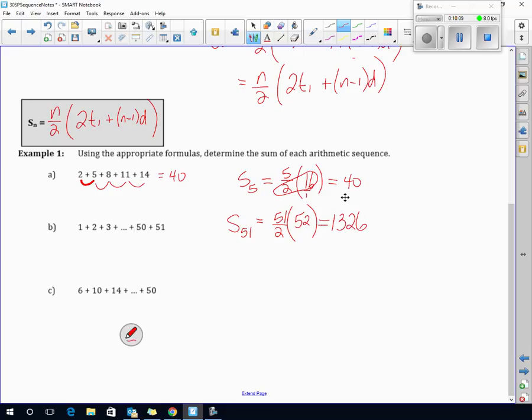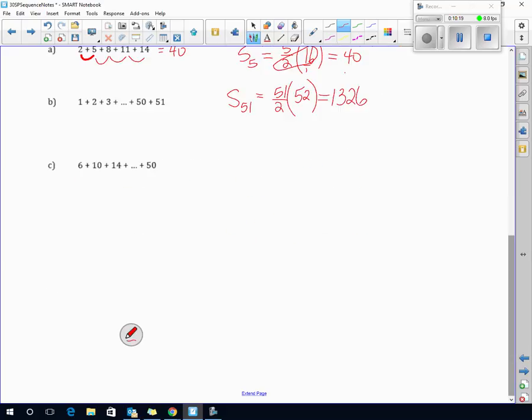Do you remember that formula from yesterday? Okay. What's our last term? 50. What's our first term? 6. We don't know what n is, so we're going to leave it as n minus 1.